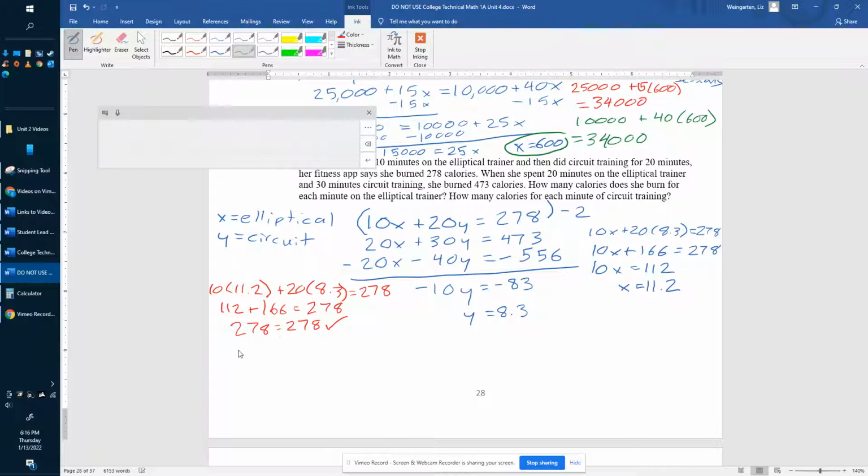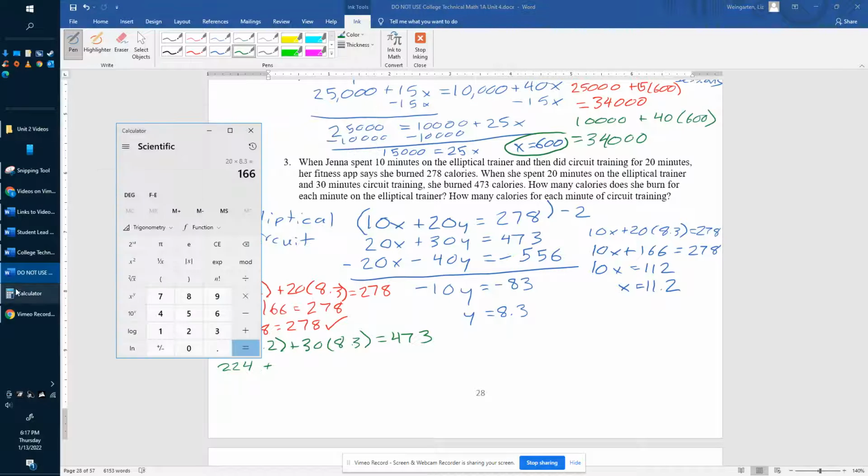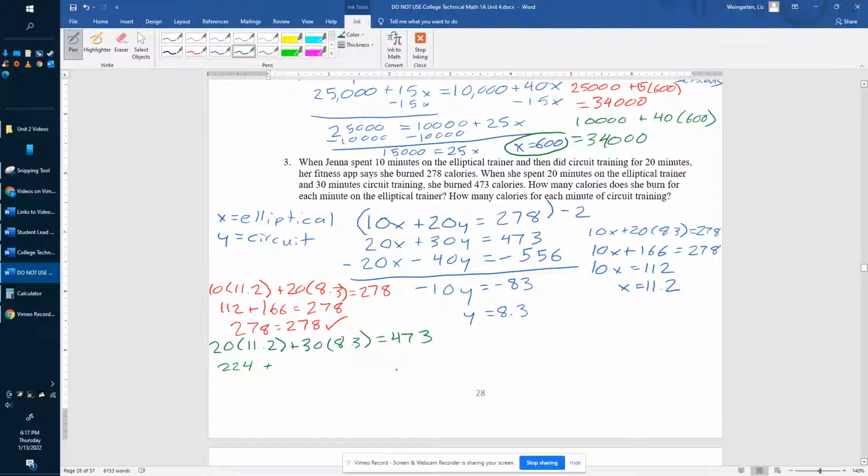Now let's check the second one. So 20 times 11.2 plus 30 times 8.3 equals 473. 20 times 11.2 is going to be 224 plus 30 times 8.3, 249, equals 473.